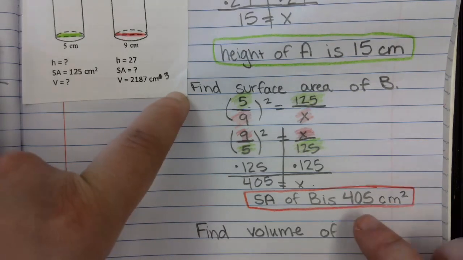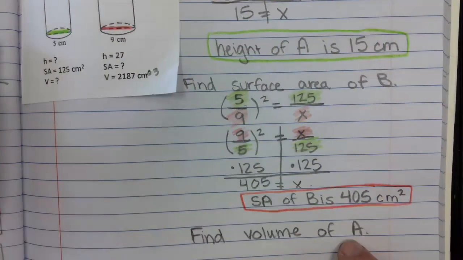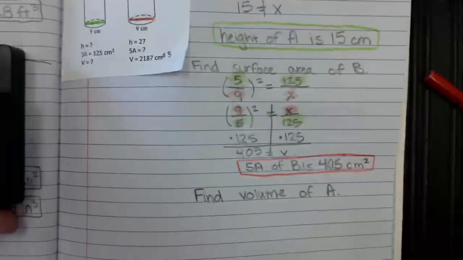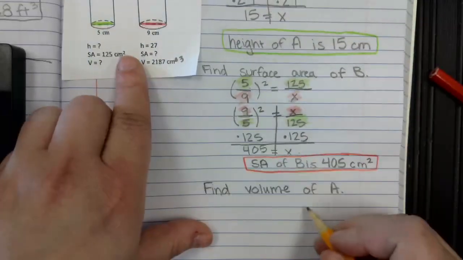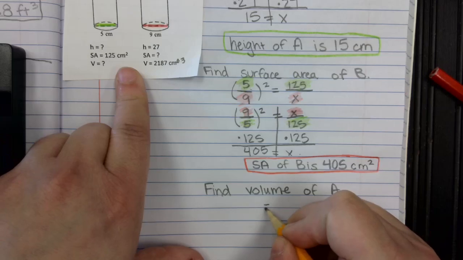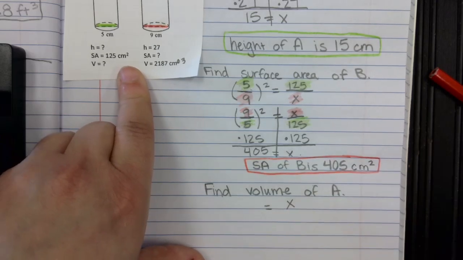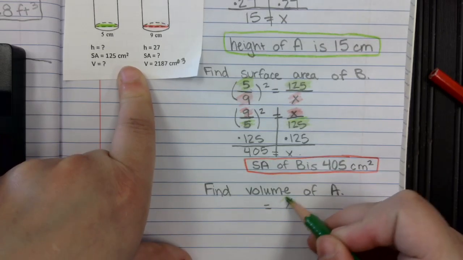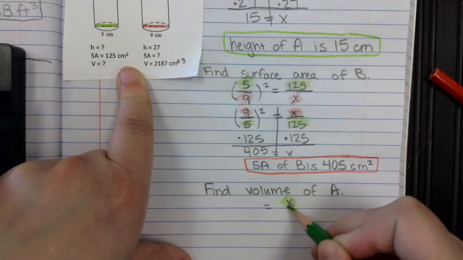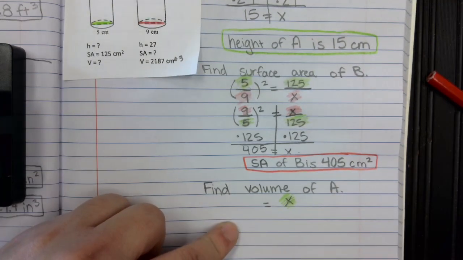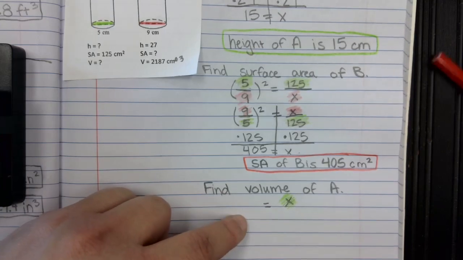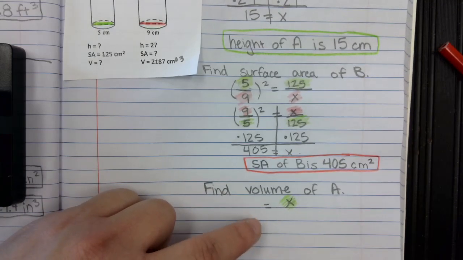Alright, so if I want my x to be in the numerator, this is kind of how we think about it the other way. So if I want to set up this other side for volume, I'm missing the volume of A, x. That's my green one. I want that to be on top. So when I set up this fraction here, do I want it to be 5 over 9 or 9 over 5?